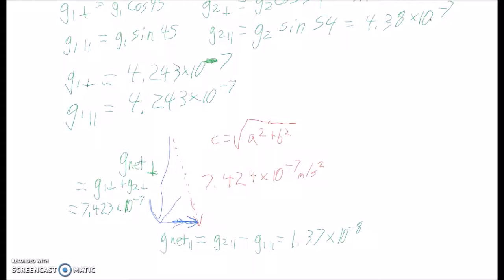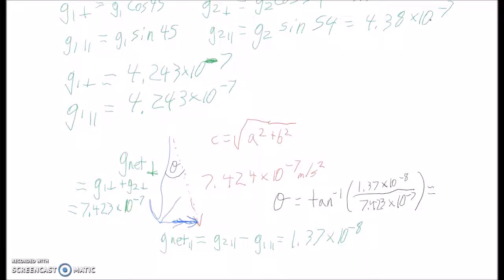But now we need the direction. So we need to find theta. Theta is just going to be tan to the negative 1 of opposite over adjacent. So 1.37 times 10 to the negative 8 over 7.423 times 10 to the negative 7.